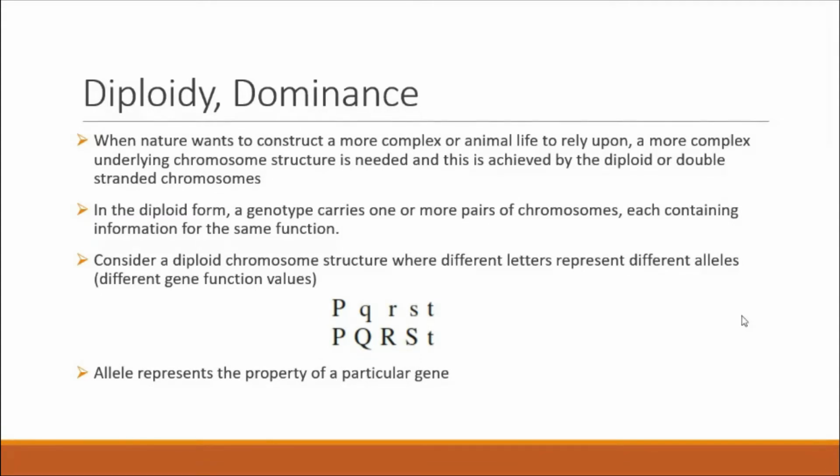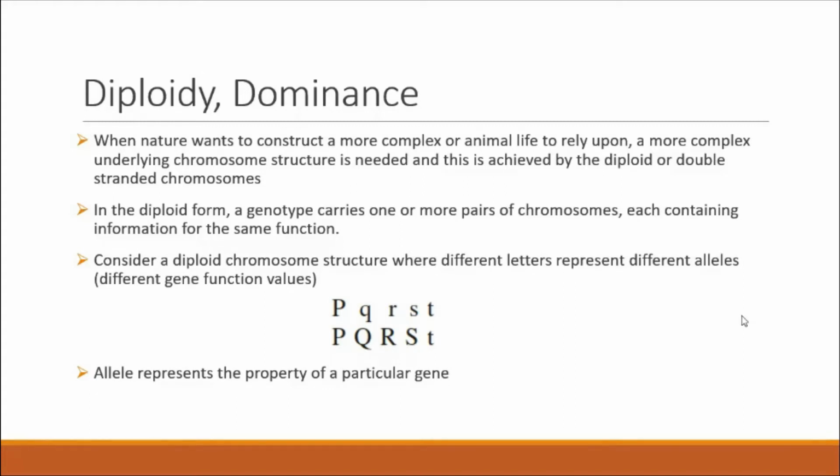But when complex animal life came into existence, single-strand chromosomes were not enough to describe all the properties and characteristics of that particular living being, so the chromosome structure had to become very complex.